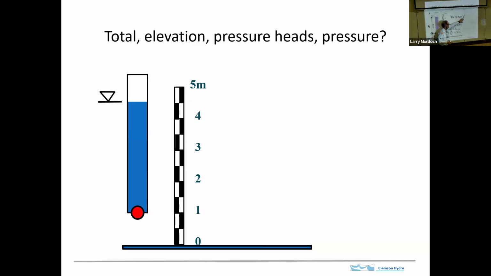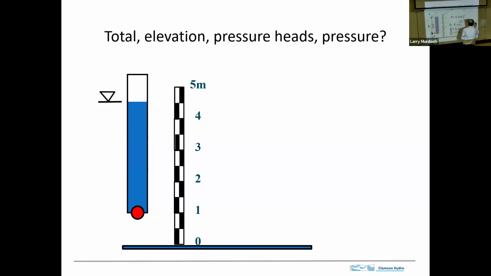Gamma, remember, has units of force per volume. We can also think of it as a pressure per unit length. So in SI units, it's 9810 pascals per meter, gamma.